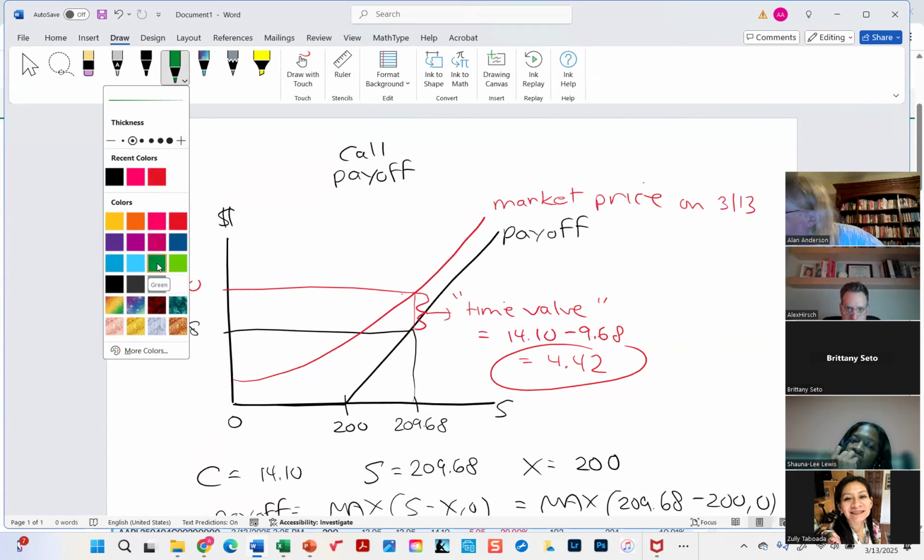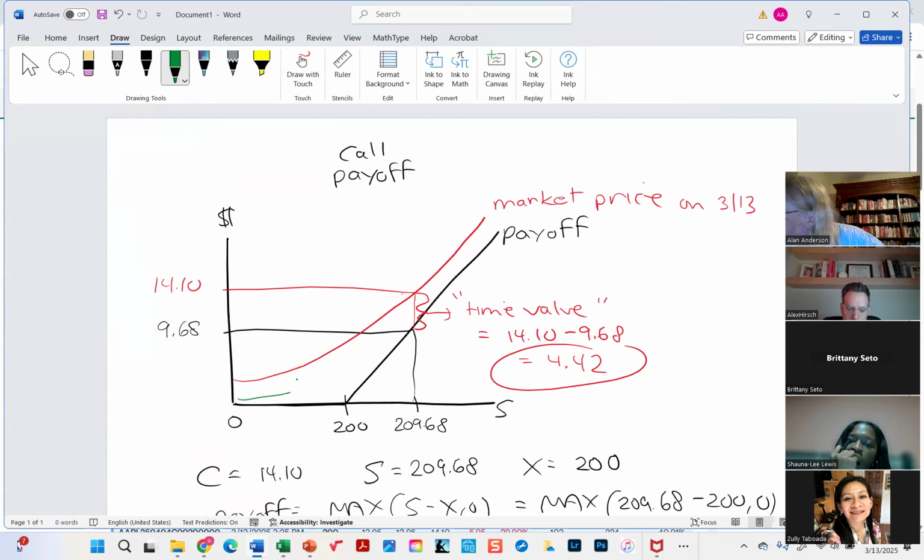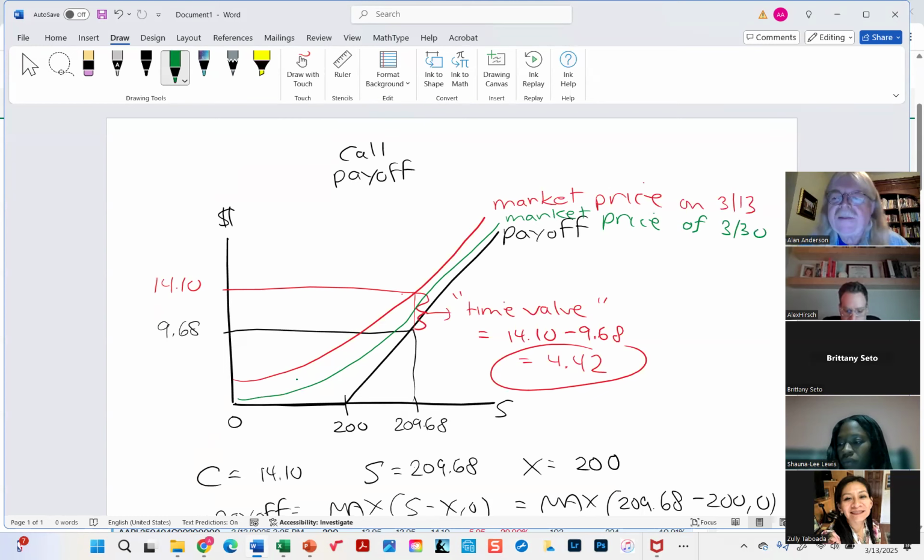So let's say in a few weeks, say on 3/30, you see what's happening is that it's getting closer and closer to the payoff profile. The time value is shrinking.